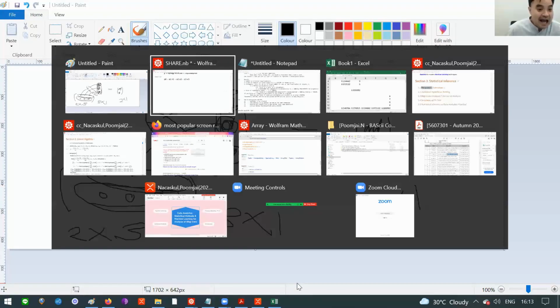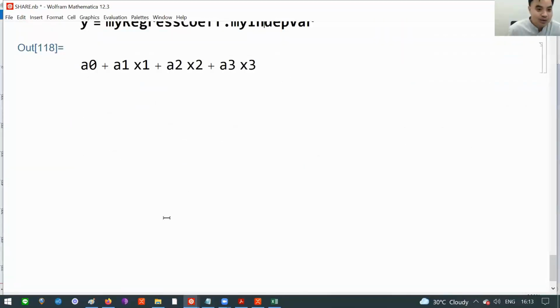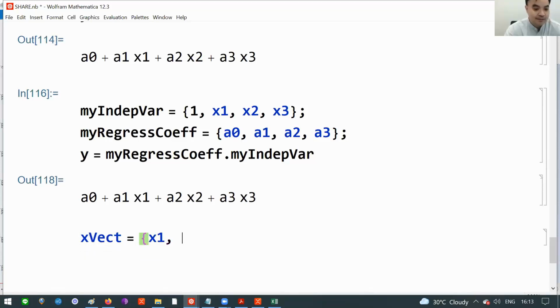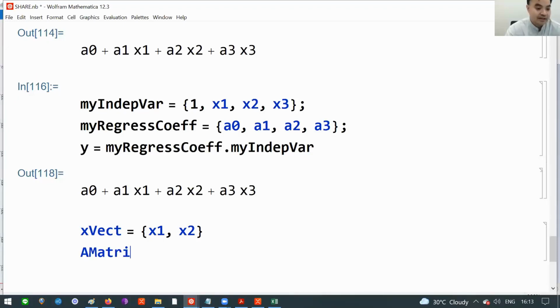Okay. Now, let's look at what we can do with this. So let's say my x vector is equal to x1, x2. A matrix, now, what's a matrix?